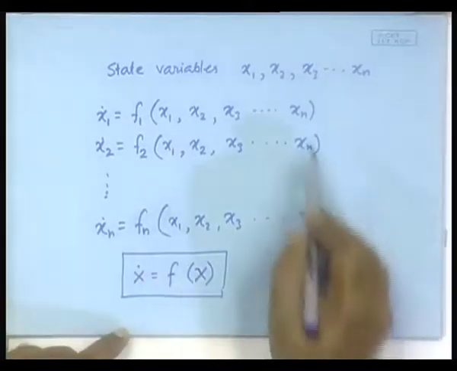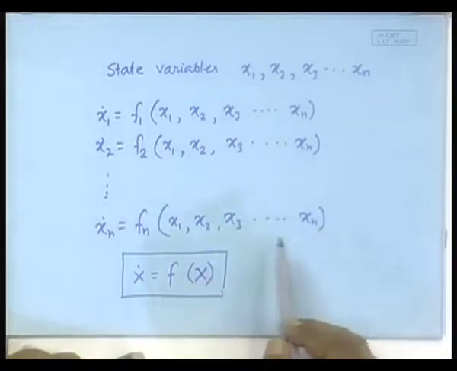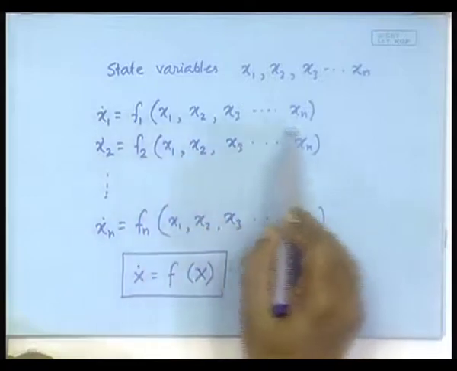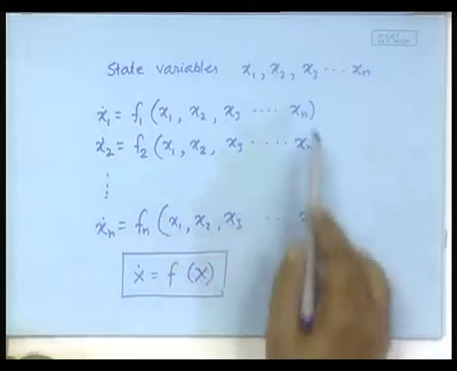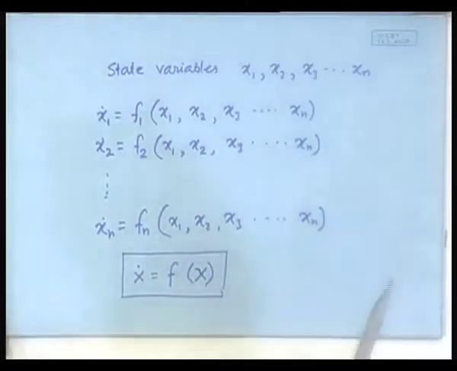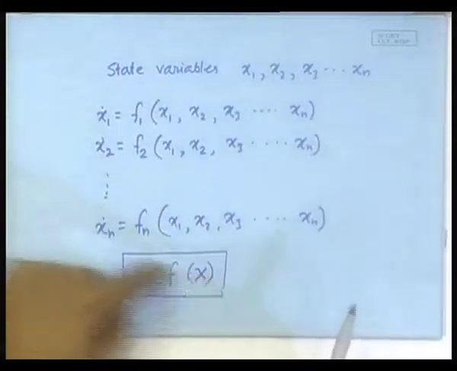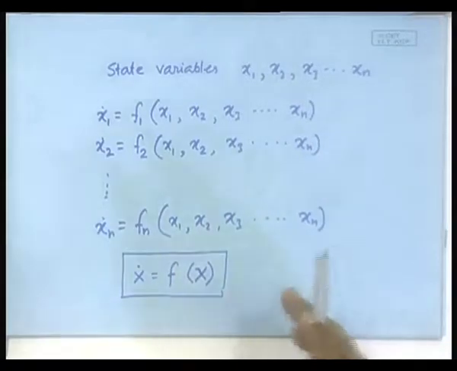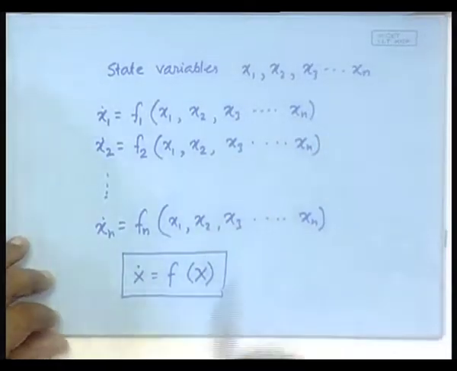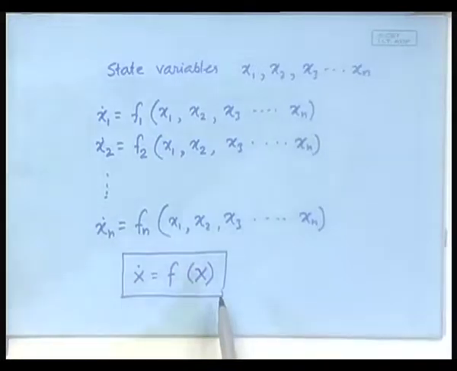Now, if the right hand side is linear, that means it is a linear combination of x 1, x 2, x 3 and x n and all that, in that case, the right hand side is expressible in a nice matrix form, and remember, whenever you obtain that kind of an equation with the right hand side in a linear form, you should always express it in the matrix form in the answers. Now, when that is true, then the solution of this equation would be obtainable easily in an analytical manner.